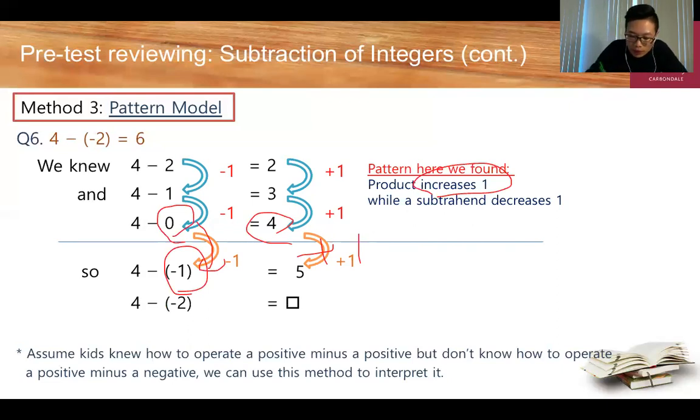So by this model, we see when 4 minus -2, again, the subtract hand decreases 1, the product will increase 1.